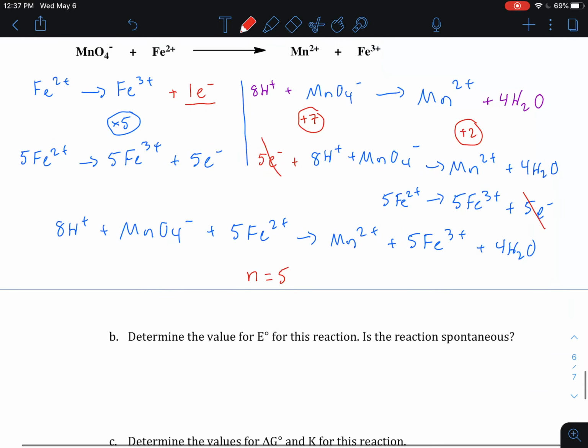Okay, now it says determine the value of E naught for this reaction. And in order to do that, I just need to look up some values on our table, and that'll help us figure it out. We can do that real quick.